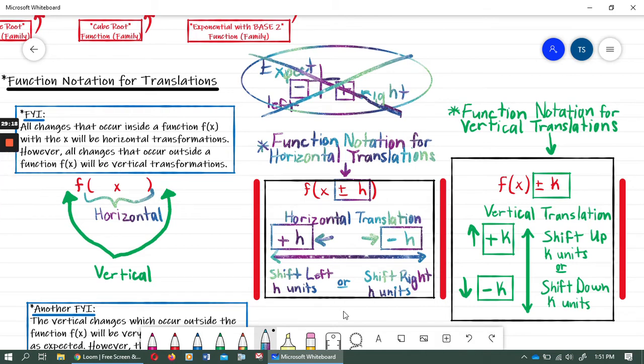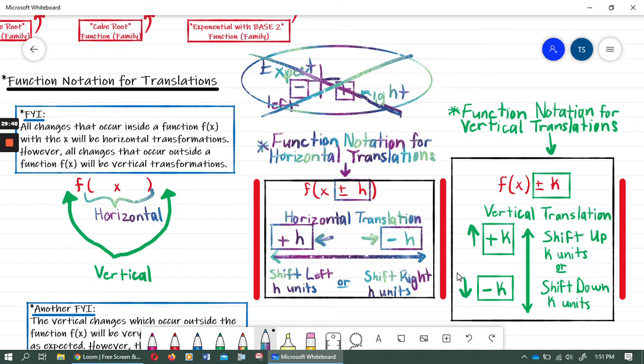So guys, even though we would expect it to be like that, it's actually the opposite of what we would normally expect. For this function notation for the horizontal translation, if you are adding some number inside there with the x, it is going to be a shift or a movement to the left of h units.